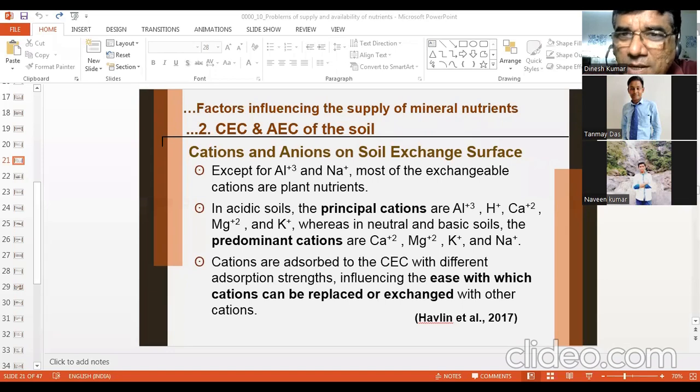Do you get the question? The question is very simple: calcium and magnesium are divalent cations with 2 charges, hydrogen has 1 charge, but hydrogen is more strongly attached to colloids than calcium or magnesium or potassium. Anybody?